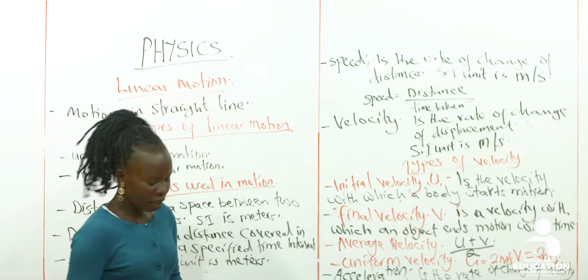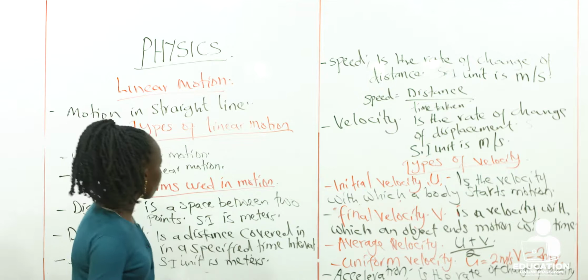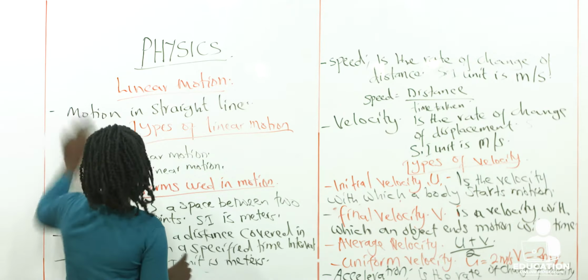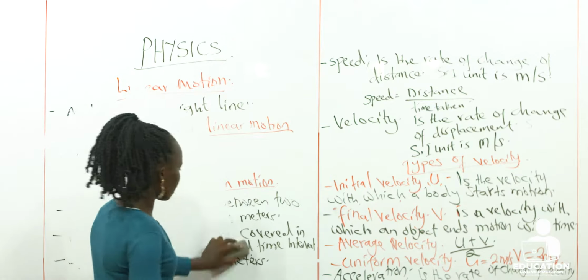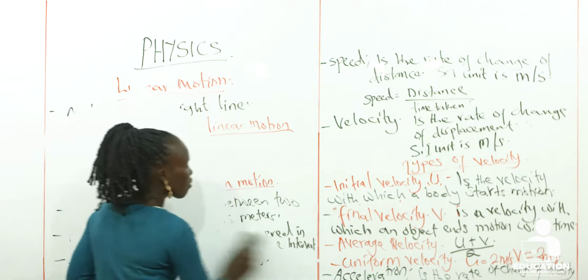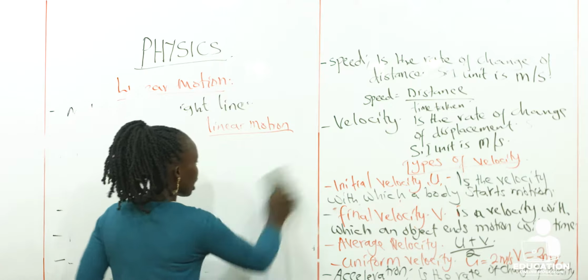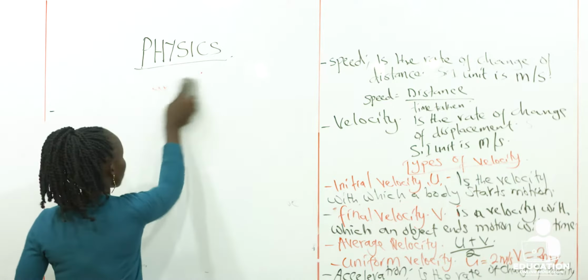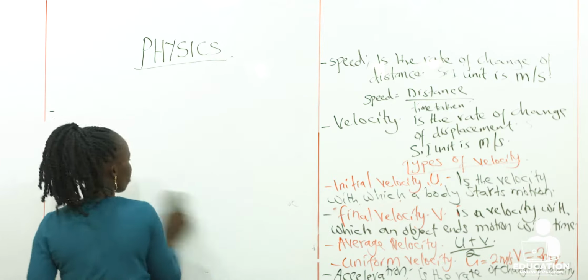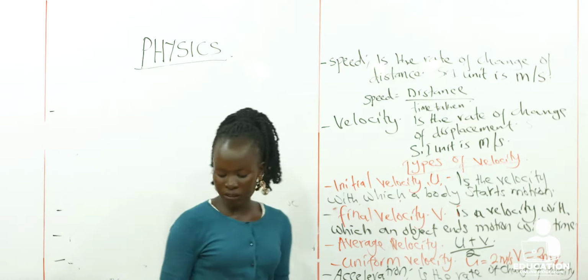So when you want to get the acceleration, since it is the rate of change of velocity, if you know the final velocity, and you know the initial velocity, and the time taken, you can get your acceleration.